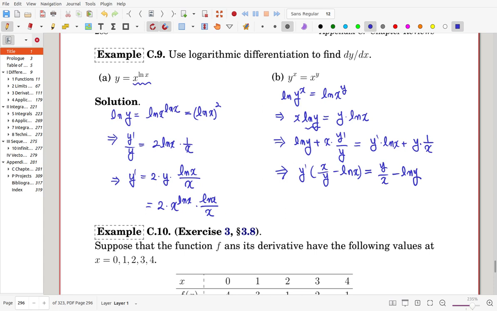So now y prime equals y over x minus natural logarithm of y, divided by x over y minus natural logarithm of x.